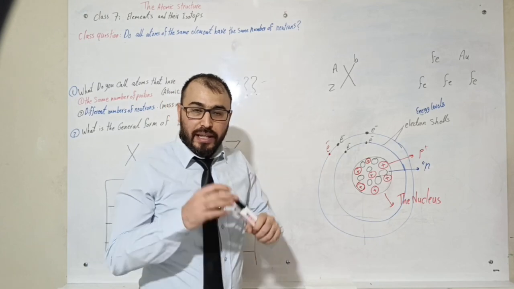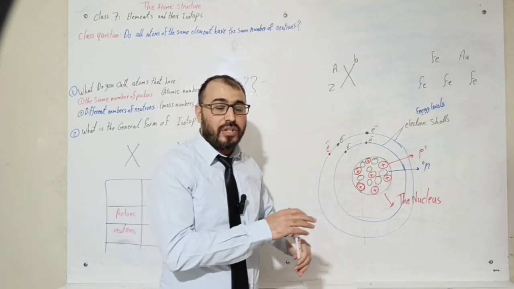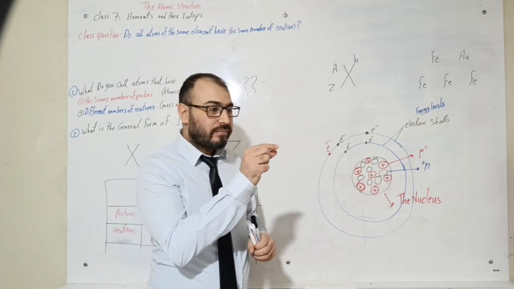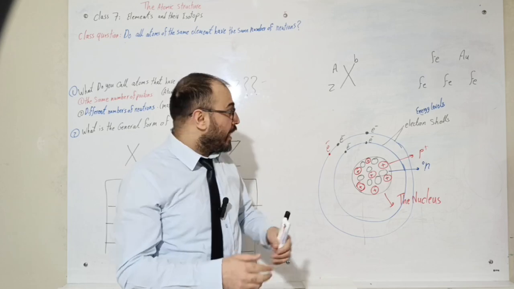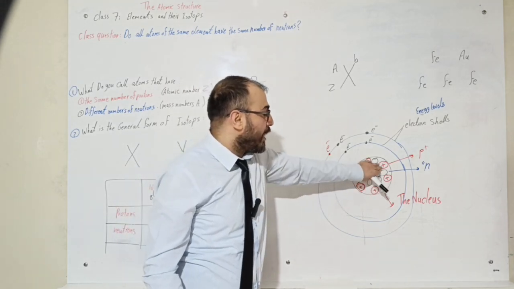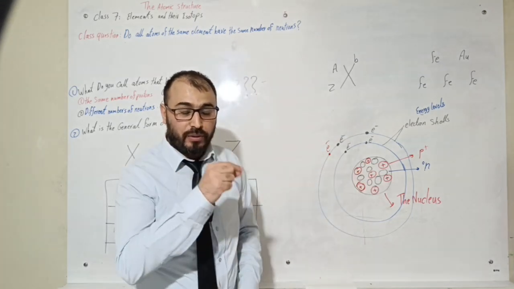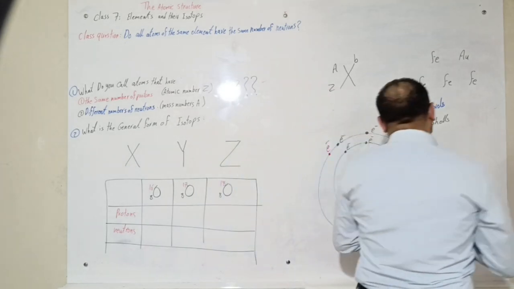And we said that if we take every element in isolation and we study its atoms, we are going to see that all of them share the same atomic number or the number of protons inside their nuclei.